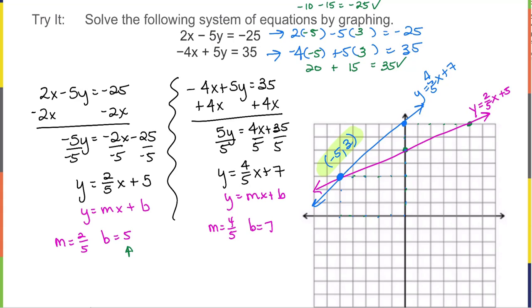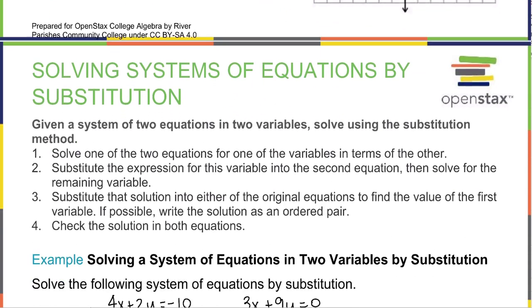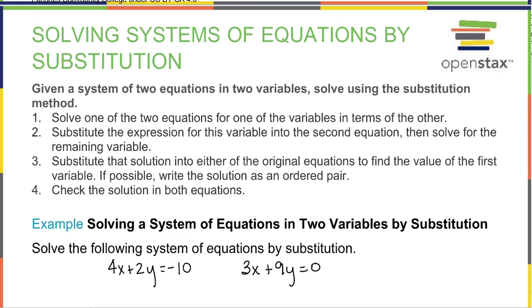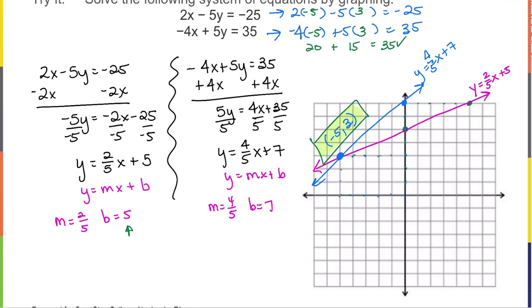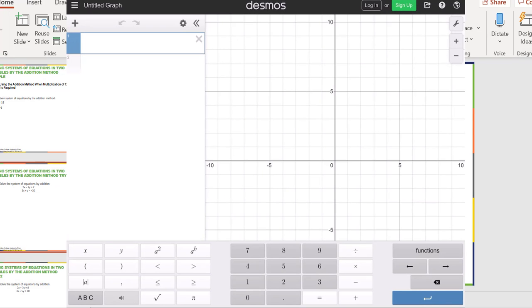That means that negative 5, 3 is a solution. Alright, before I go any further, I just want to show you that if you did Desmos, 2x minus 5y equals negative 25, you could type that in.